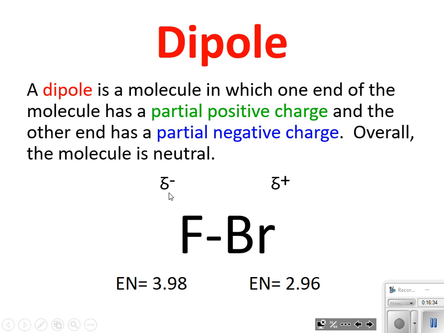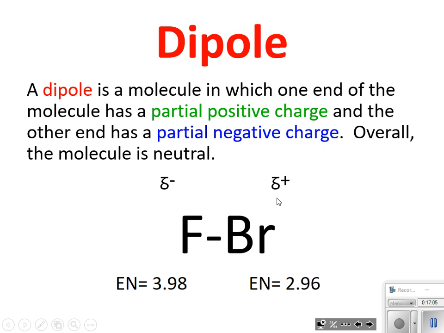Why is it a partial negative charge? Because this fluorine is pulling these two electrons closer to it. Does it pull it all the way? No, because then it would be a negative charge. So if that's a partial negative, the bromine's going to end up being a partial positive.